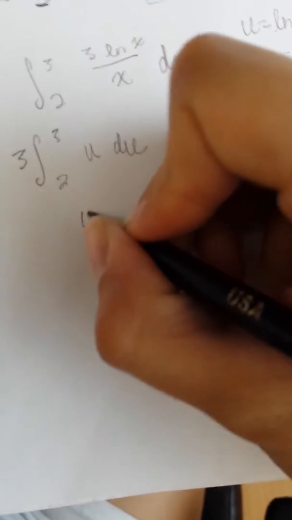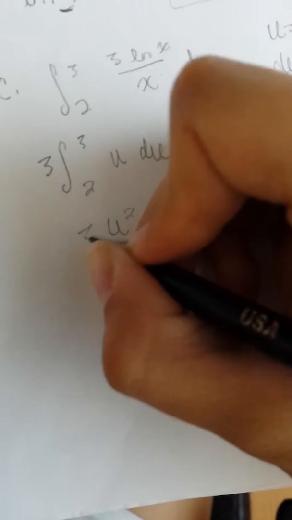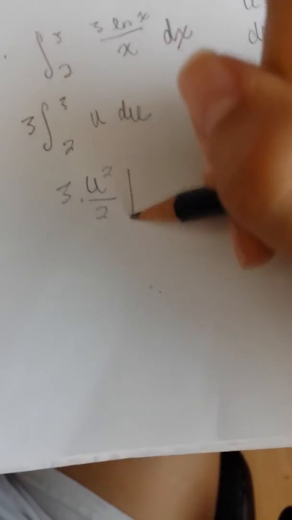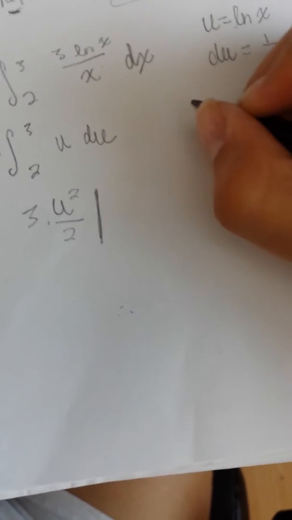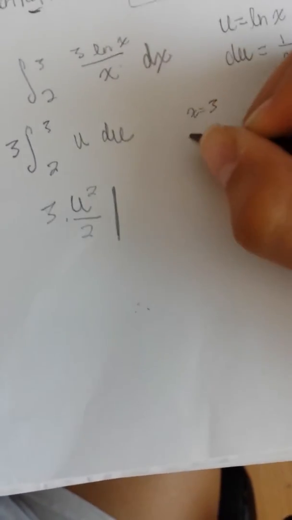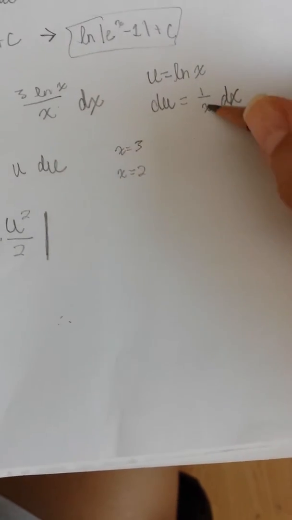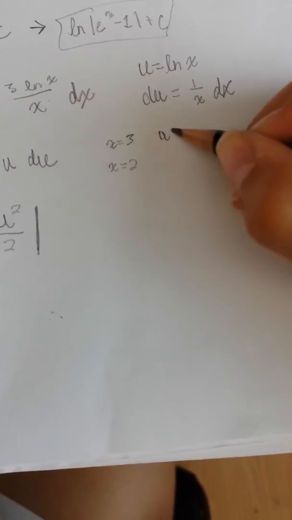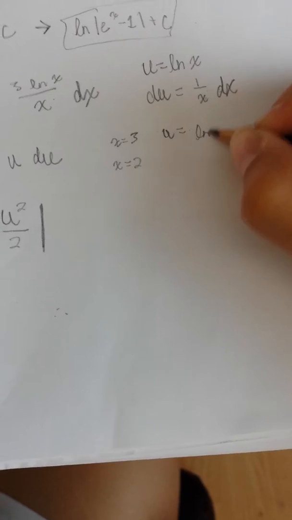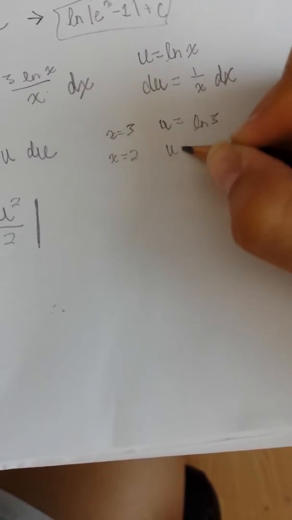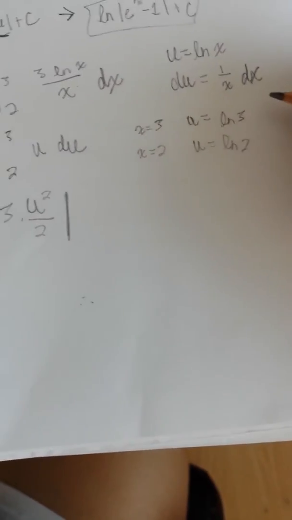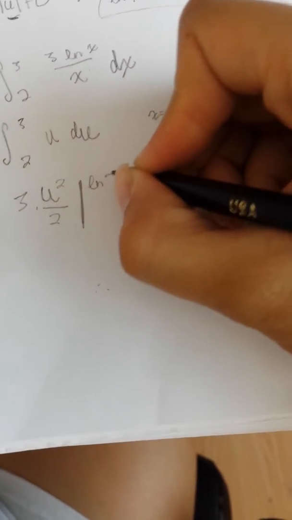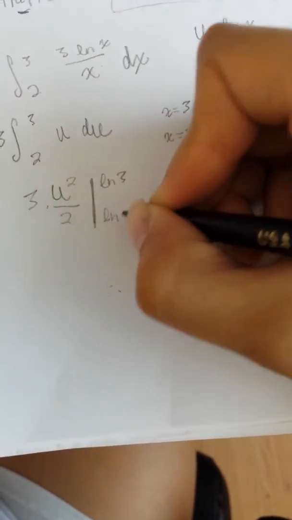So you have your u squared over 2 times the 3, and then you need to find new bounds, because these are x's. So x is equal to 3, x is equal to 2. You plug them into this u equation, so then you get u is equal to ln 3, u is equal to ln 2. These are your new bounds. Okay, ln 3, ln 2.